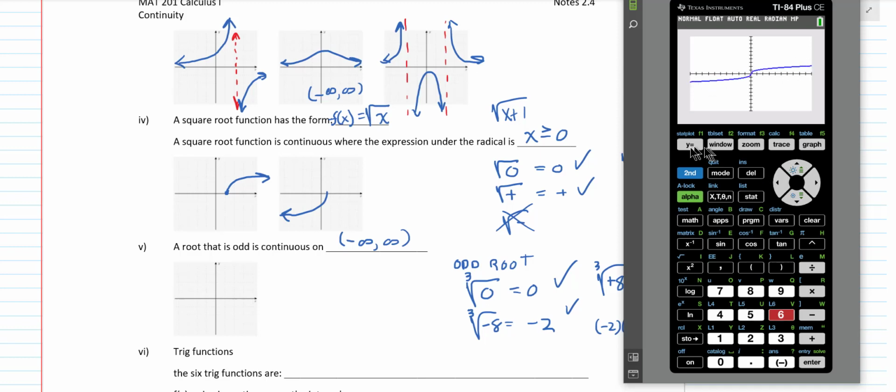There are no breaks. If you wanted a seventh root, you press 7, math, and then go down to option 5. The seventh root of x looks just about the same, a little stretched, but continuous everywhere.